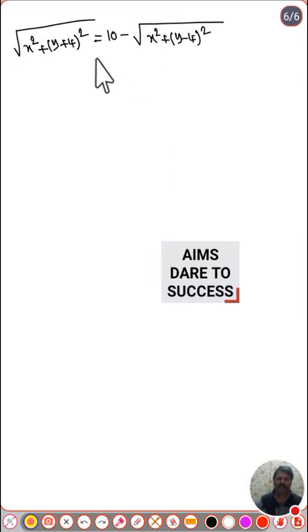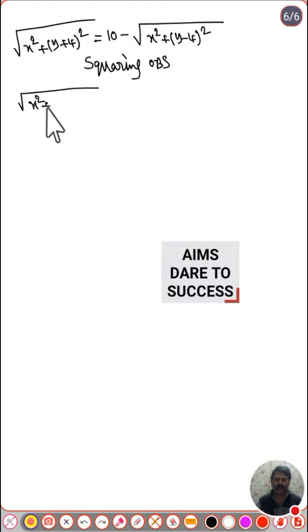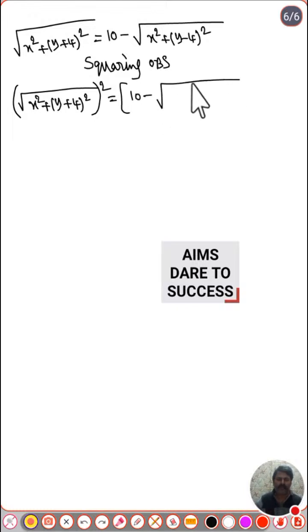We are having square root values, so we can take squaring on both sides. We get (root over x square plus (y plus 4) whole square) whole square is equal to (10 minus root over x square plus (y minus 4) whole square) whole square.